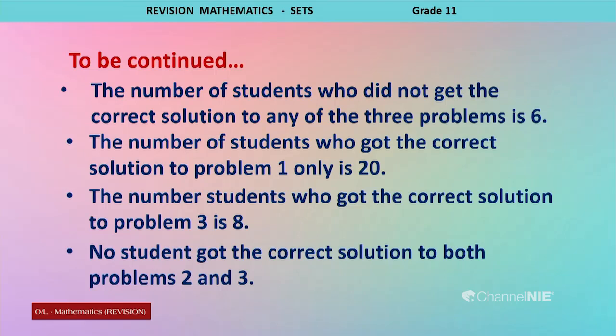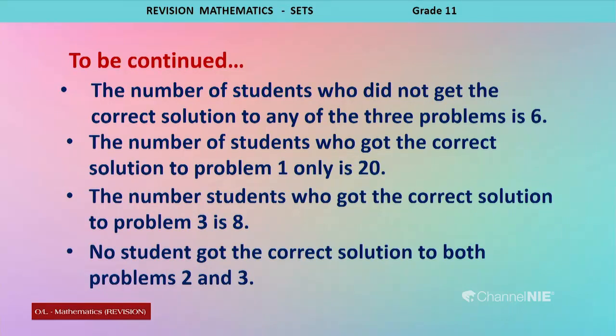The number of students who got the correct solution to problem 3 only is 8. No student got the correct solution to both problem 2 and 3. Then what can you say about sets 2 and 3?